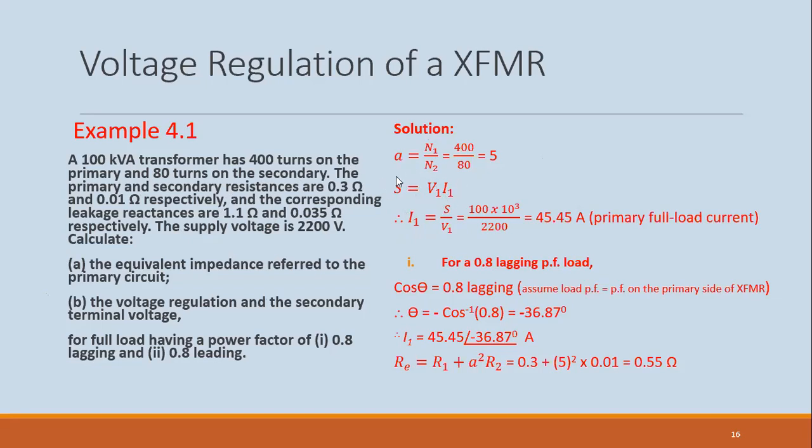Remember that from a couple weeks ago. So I1 would be equal to S divided by V1, and that works out to be 45.45 amps. That's the primary full load current.